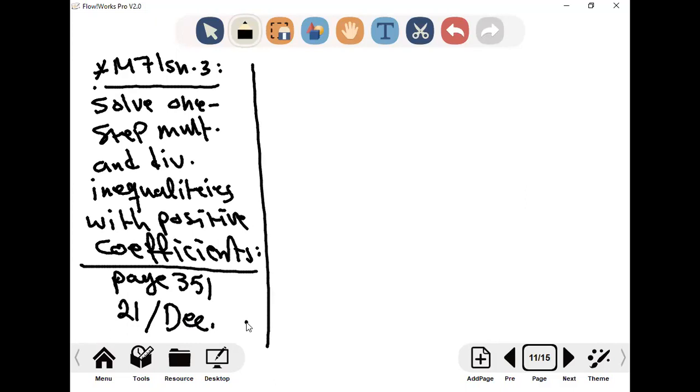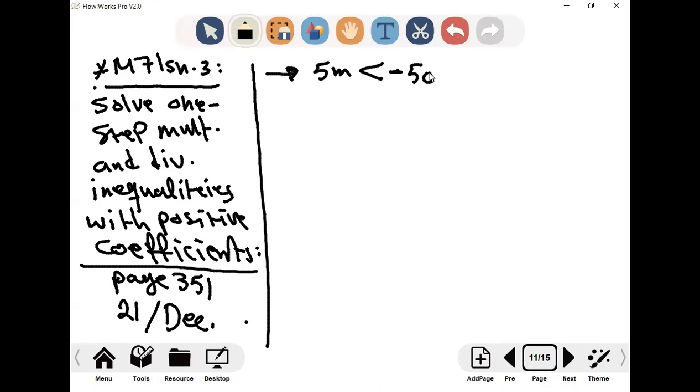Okay, yesterday we said if we have this inequality, for example, 5m less than negative 50, this we call a multiplication one step inequality. And how do we solve it? We do the same strategy of one step equations.